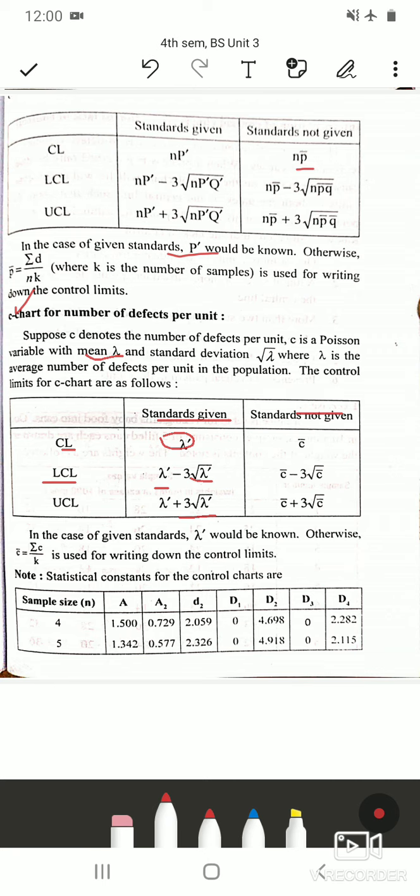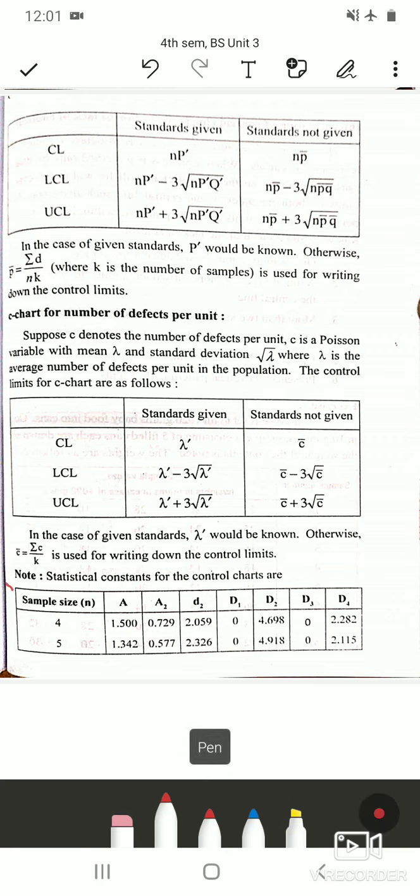If it is not known, then you have to find C bar for the central limit. The lower control limit will be C bar minus 3 into square root of C bar, and the upper is C bar plus 3 times the square root of C bar. Now what is C bar or C dash? It is summation C by K, and it is used for writing the control limits. And here C is a Poisson variable. So remember these charts or this table, wherein you will get to know what CL, LCL and UCL are.